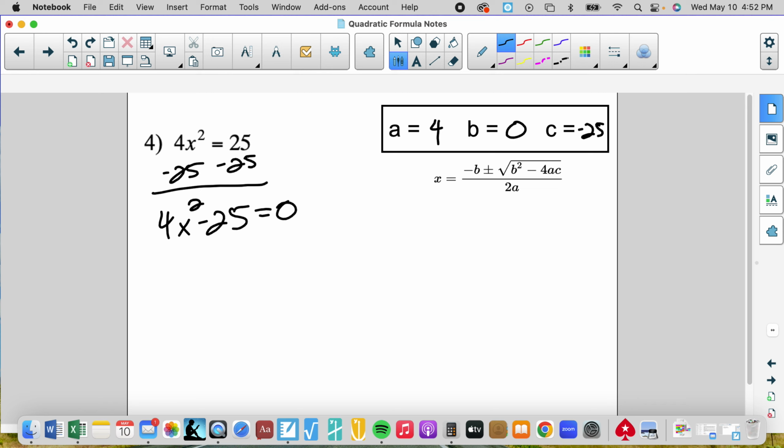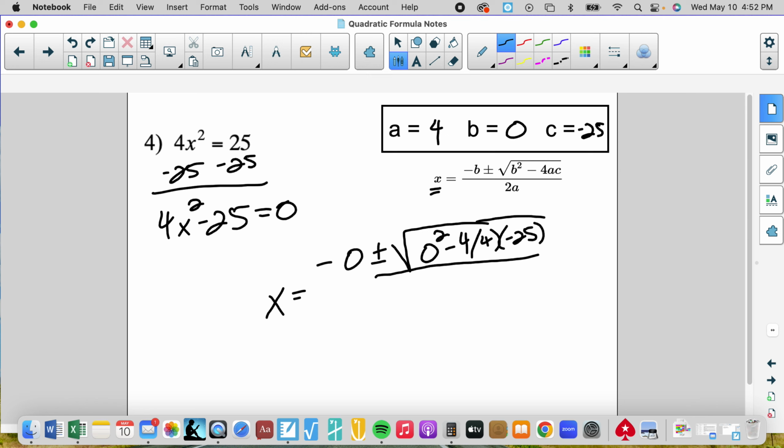And hey, we actually have a variable x. So x equals the opposite of b plus or minus the square root of b squared minus 4 times a times c all over 2 times a.